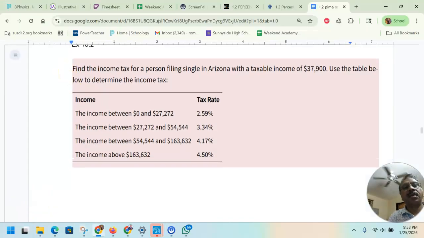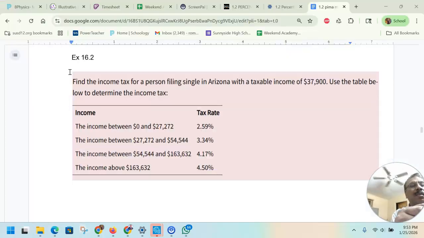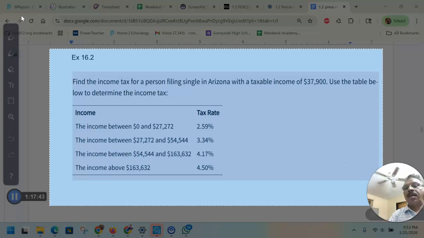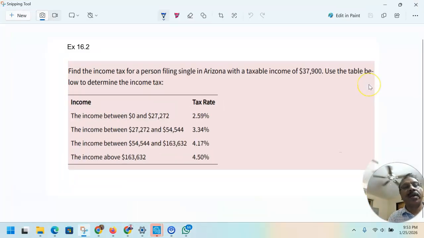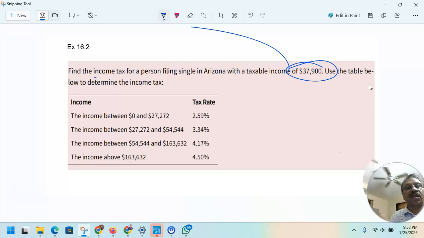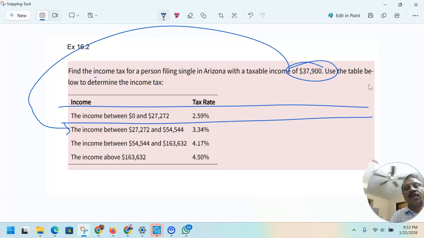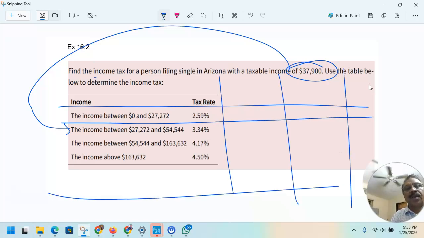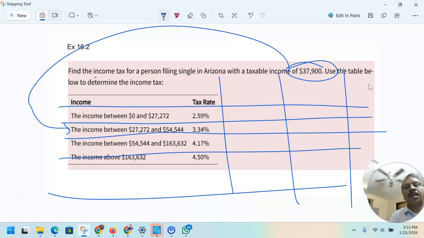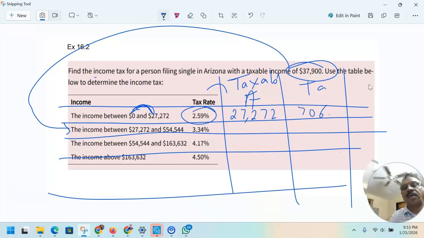So find the income tax here. This time it is 37,000, and you can see this goes under right here. That means if I draw the line, this is what we did in my earlier problem. The taxable amount from here to here is 27,272, and we did this and we got 706.34.